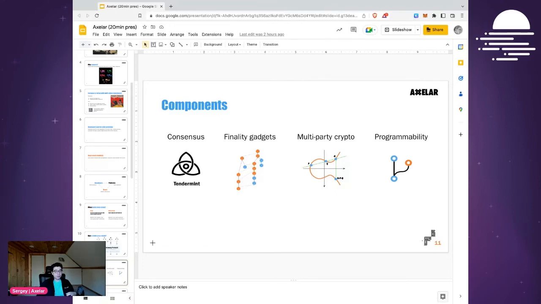So one such feature that I'll talk about in a little bit is called deposit addresses. The idea is that the network can generate a deposit address on any chain that looks no different than any other account, and you can send a message or a token to this deposit address that will subsequently be routed to the destination contract or the destination recipient without you having to do anything else.